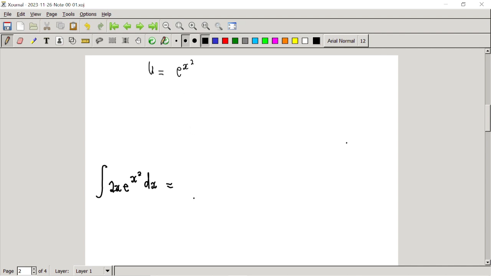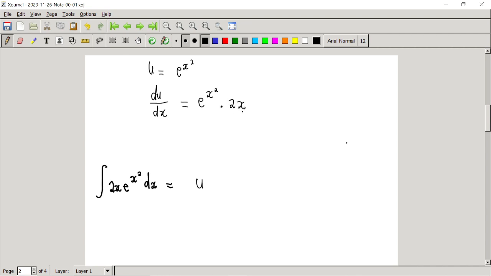So in the place of e to the power of x squared, we write u. Then I derive this function: du in terms of dx is equivalent to e to the power of x squared multiplied by 2x.